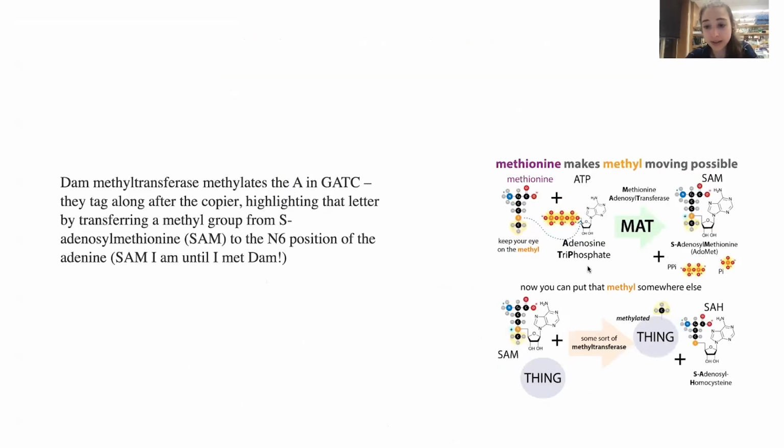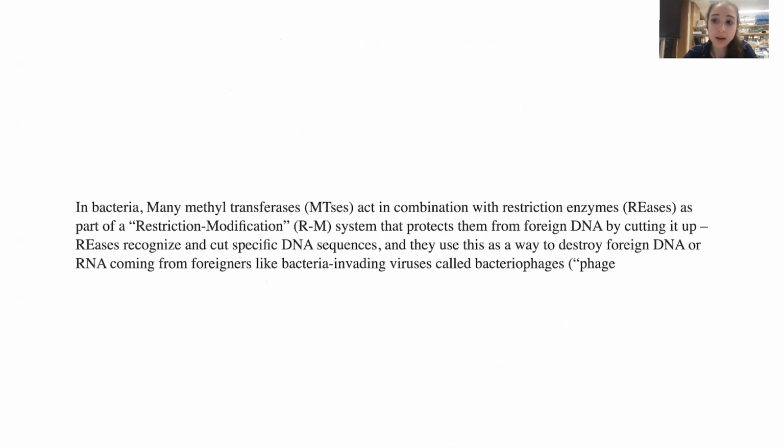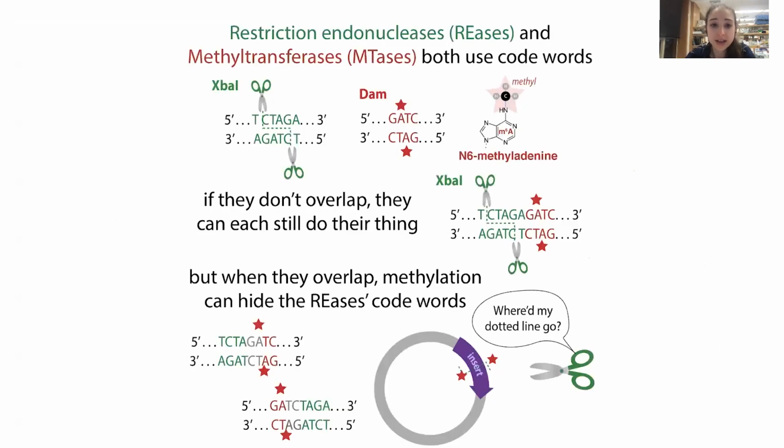Bacteria have different methyltransferases that modify their own DNA to prevent it from getting cut up by their restriction enzymes. These use code words too: they recognize specific sequences and then methylate them. I'm telling you about this not just because it's cool and because it's how bacteria prevent chewing up their own DNA, but because it also comes into play when we're trying to use these enzymes in the lab.